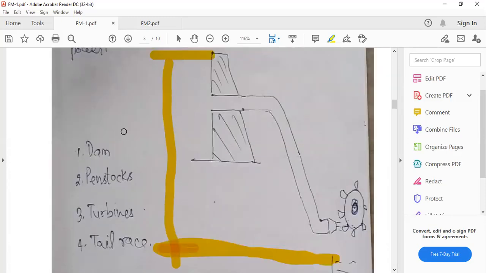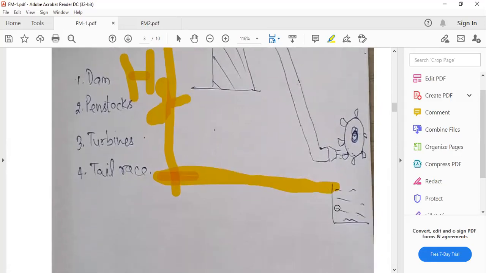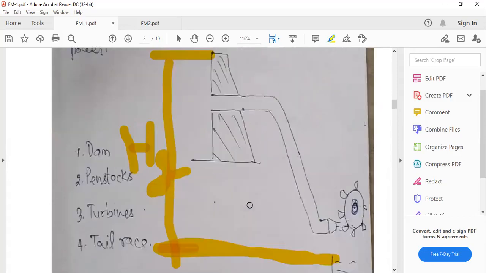So this is represented by Hg. Okay, gross head, Hg. This is the highest point at which we are having water, which is known as head race level, and this is the lowest point at which water is having, which is known as tail race level. So the difference between head race level and tail race level is known as gross head and is denoted by Hg.